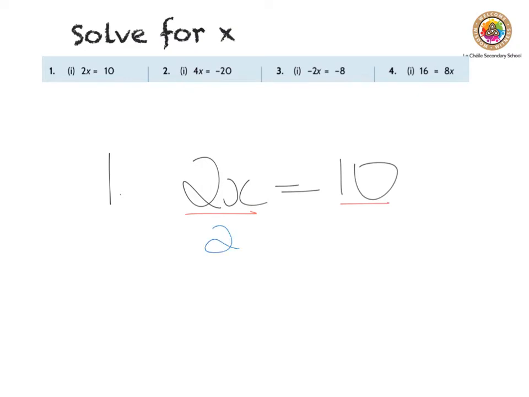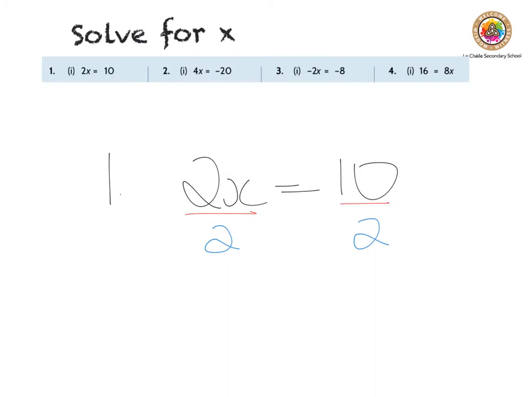And again, the other important thing that I need to remember when I'm solving for x is balance. What I do to one side of the equal sign, I must do to the other. So here I have divided by 2, so over here I must also divide by 2. Okay, so that's the first step.